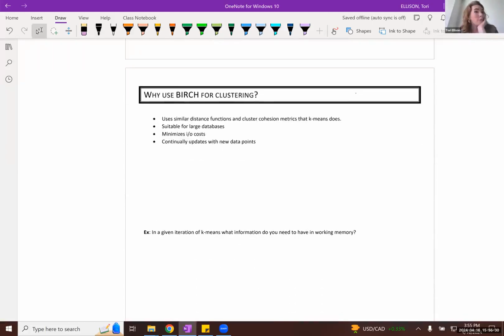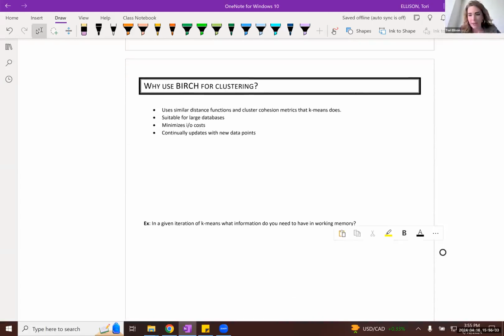And so one of the benefits of Birch, the first online clustering algorithm that we're going to introduce, is that it is somewhat similar to k-means. So we are going to see similar clustering structures that it is both able and not able to cluster. The reason is that the Birch algorithm is very different from k-means in terms of how you actually execute it.